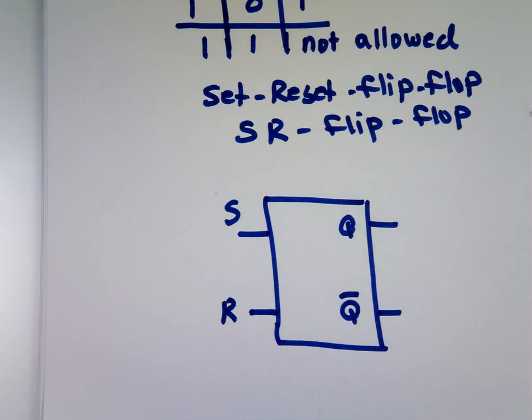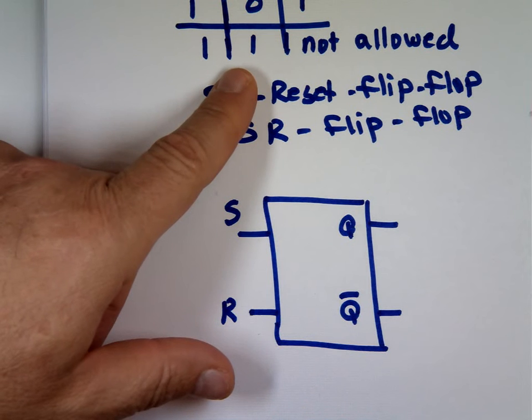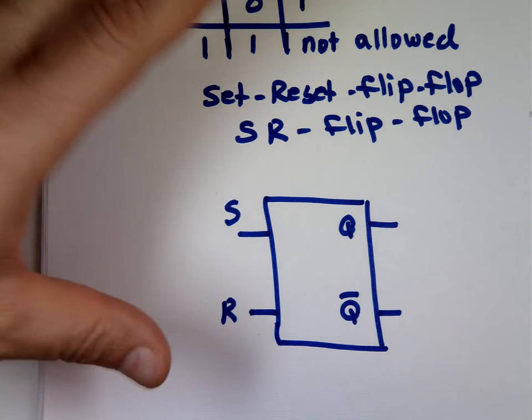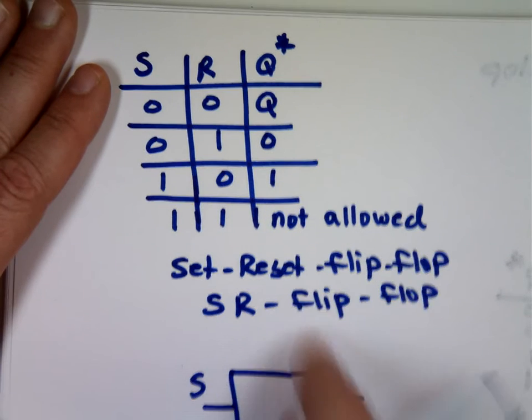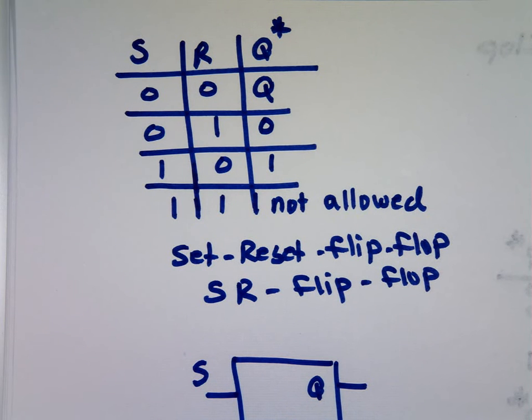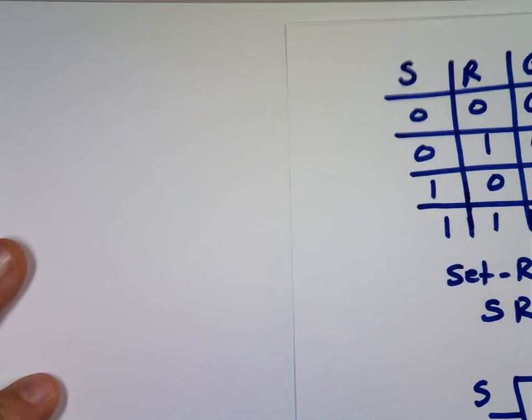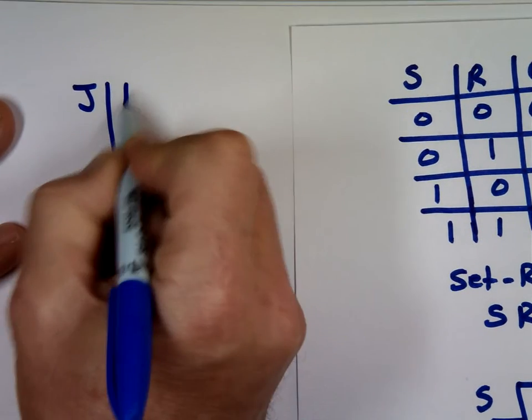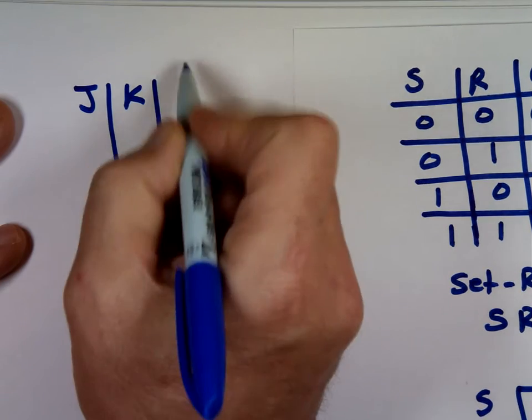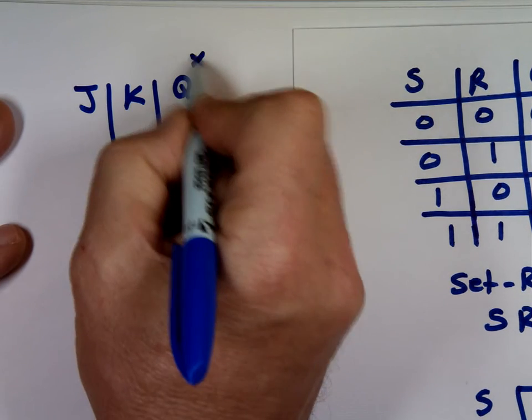We have a very similar one to this. It's almost the same one, where you can put 1 and 1. But that's called, instead of SR, JK flip-flop. So a JK flip-flop is just like this one. I think I have them all in the lab.